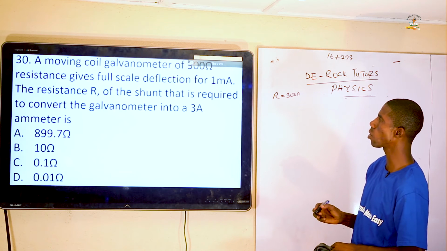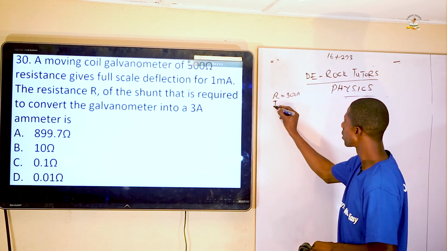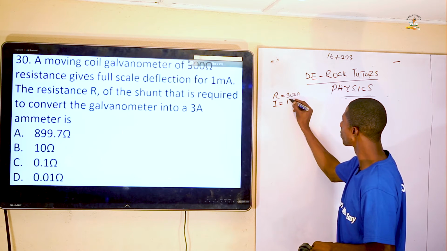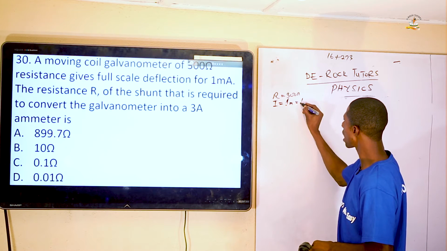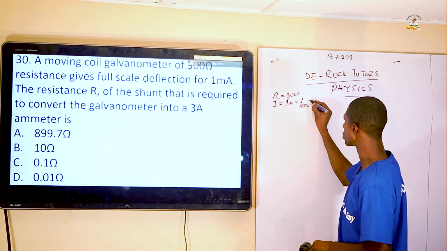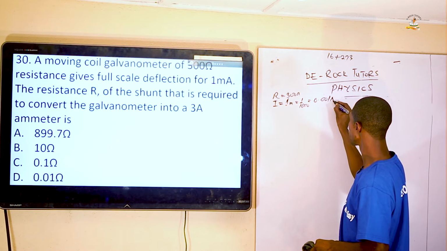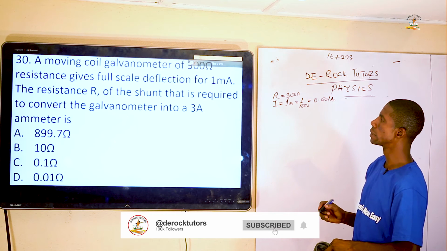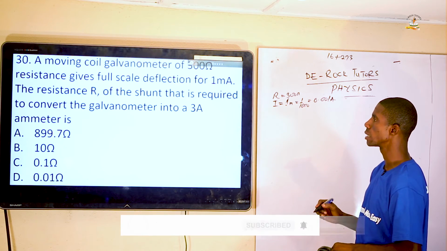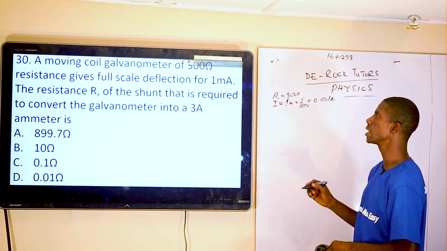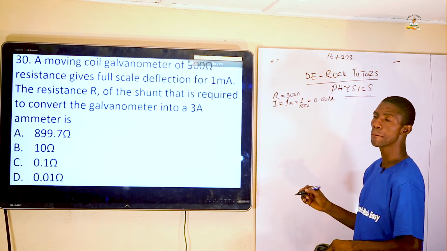Then we have the current given, which is 1 milliampere, the same thing as having 1 divided by 1000, that will give us 0.001 ampere.